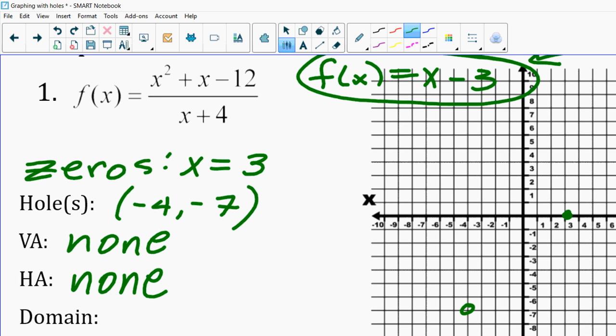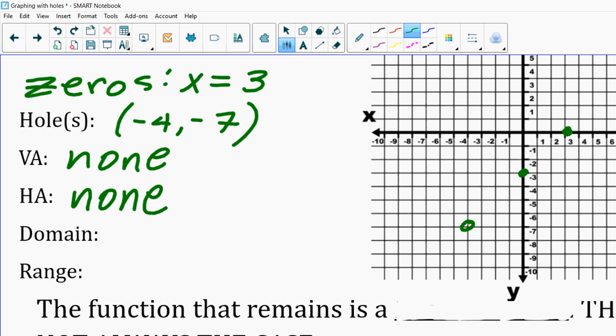What's your y-intercept? -3. What's your slope? One. Up one, right one, up one, right one. And then you've got your graph and you've got a ruler. And now look, when you hit that hole, just lift your pencil.